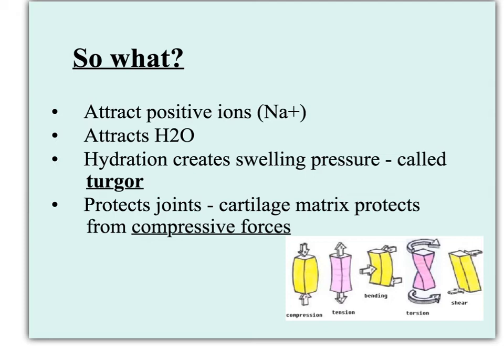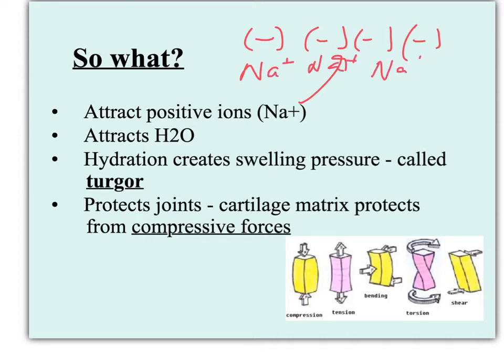The sugars and their negative groups, so we have lots and lots of negative charges, attract positive ions. And the most obvious positive ion that gets attracted is sodium. And so now you have lots of sodium being attracted into spaces between cells. And what is sodium? Sodium is an ion.